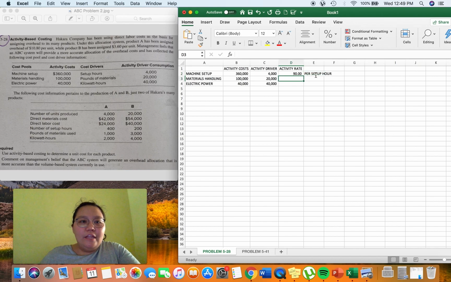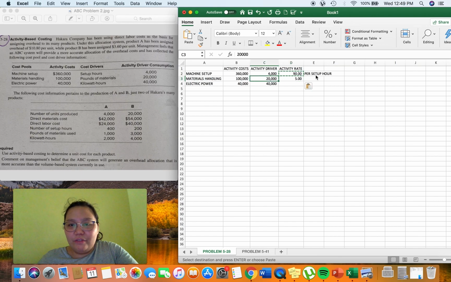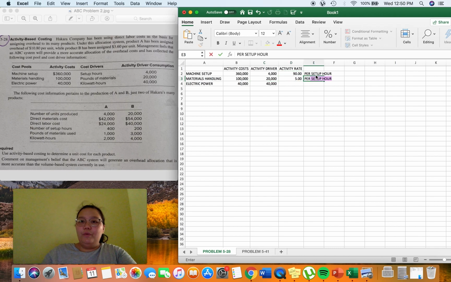Okay, and then for materials handling, we will do the same. So divide 100,000, the activity cost, by the activity driver, which is 20,000 pounds of materials. So we'll have 5 per pound as our activity rate.